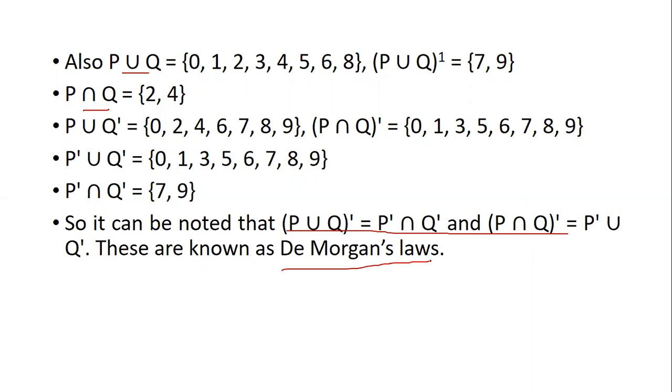Complement, union and intersection problems we will do tomorrow in the next class. I hope everybody is clear with union, intersection, difference, complement. Any doubts until here? Any part you want me to explain?